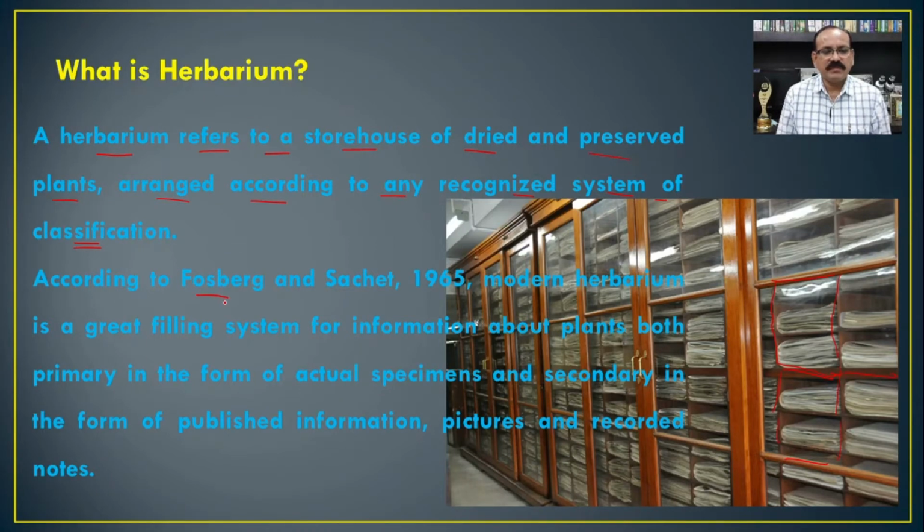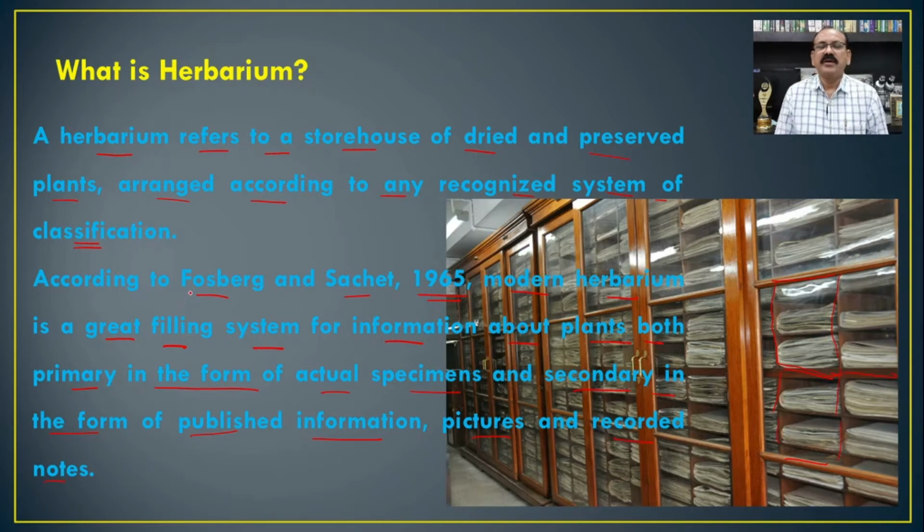According to the Fosberg and Sachet in 1965, the modern herbarium is a great filing system for the information about plants, both primary in the form of actual specimens and secondary in the form of published information, pictures and recorded notes also.